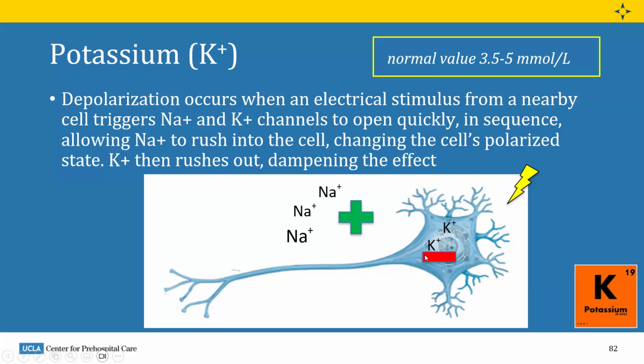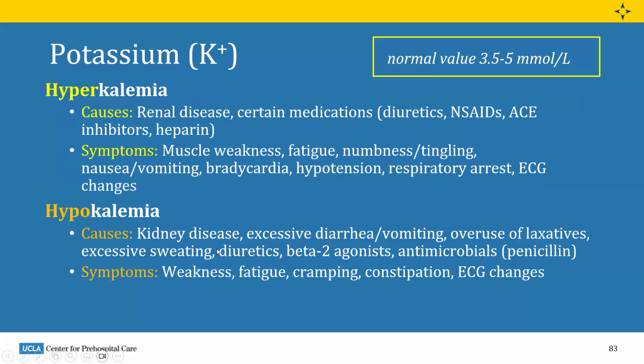And there's also a higher concentration of potassium inside the cell. And so it's going to want to follow essentially its gradient with diffusion, right? And that's our action potential going down our axon. Okay. So now let's talk about what can go wrong.